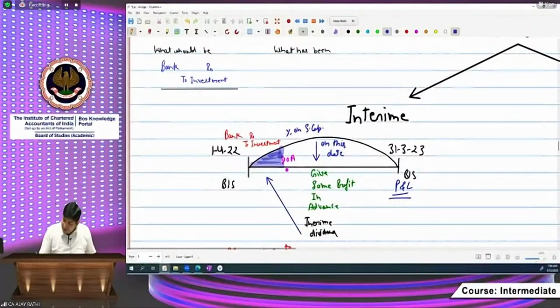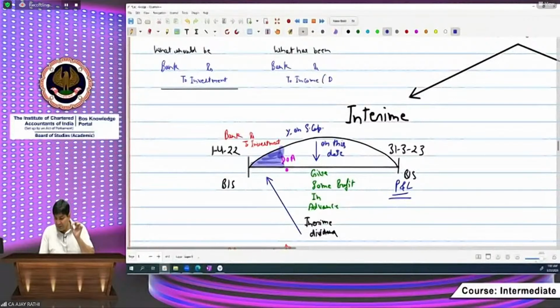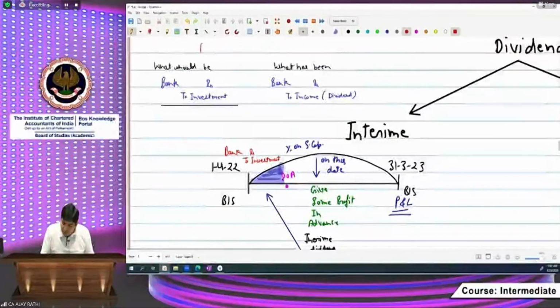What we presume here is that he has done bank account debit to income, meaning he has credited such dividend income to the P&L account. He has credited such dividend to P&L instead of crediting to investment. I am talking regarding the pre-acquisition dividend.